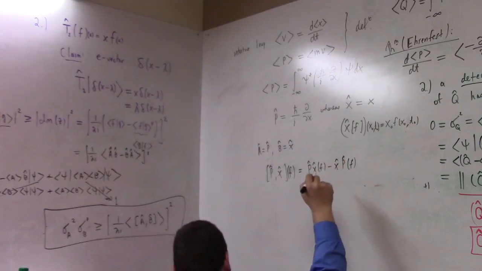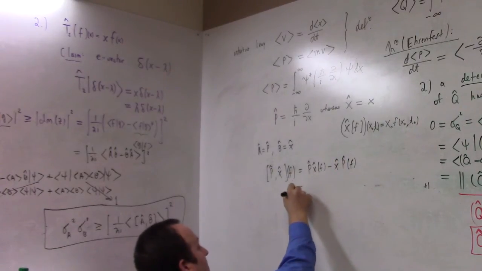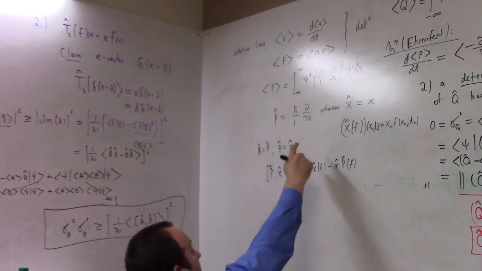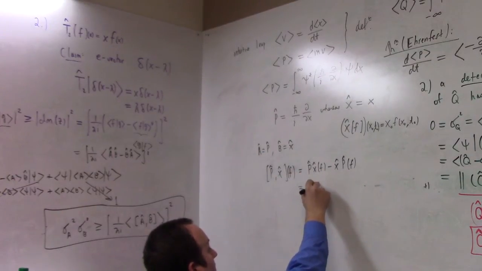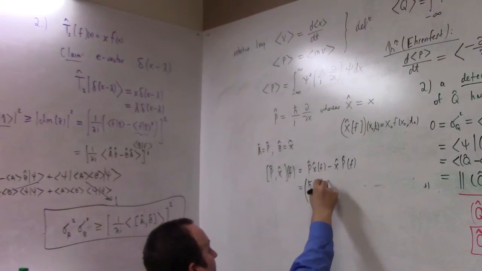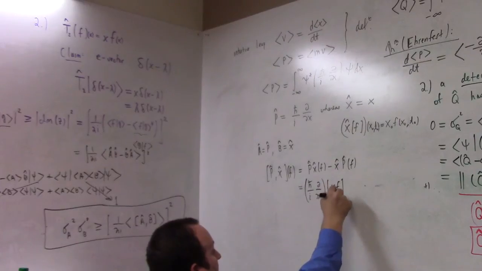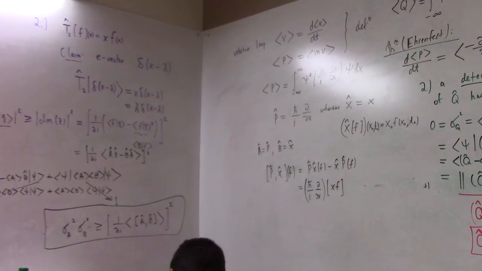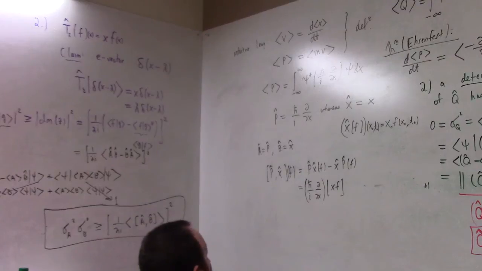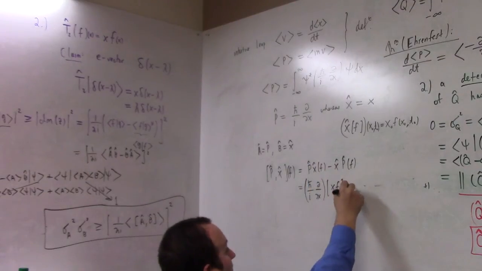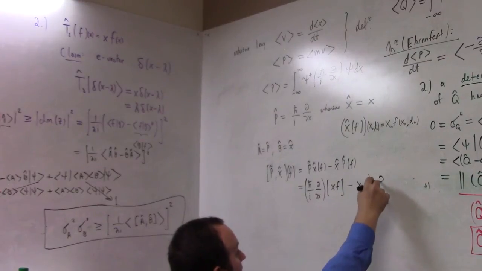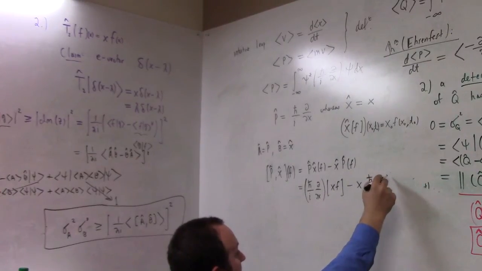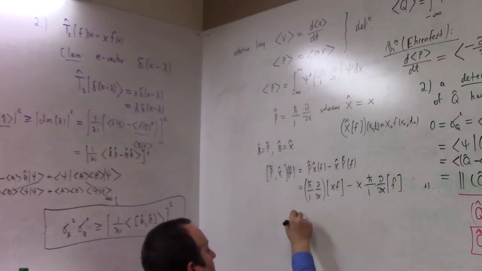Now the P hat, as we have just explained, should be interpreted as h bar over i, partial x. That acts on x times f, because that's how x hat acts, right? And then over here we have minus x times h bar over i, partial x, acting on f, right? So what do you got here?